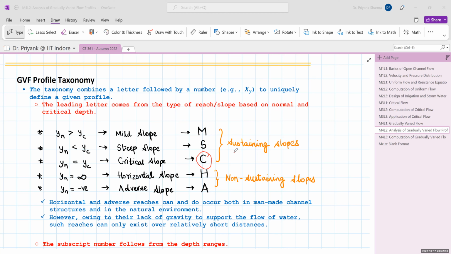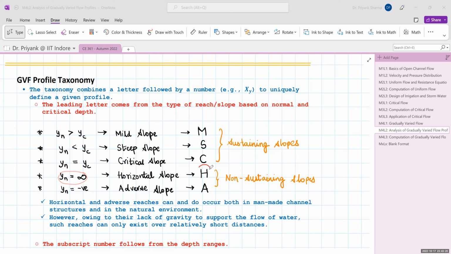Now these three slopes are called sustaining slopes because the slope is always positive in the direction of flow, so the channel slope falls in the direction of flow. So your sustaining slope is always positive, so it is also called a positive slope. Now there are special cases, the one where we have a horizontal slope, so S naught is 0, so your yn is infinity.